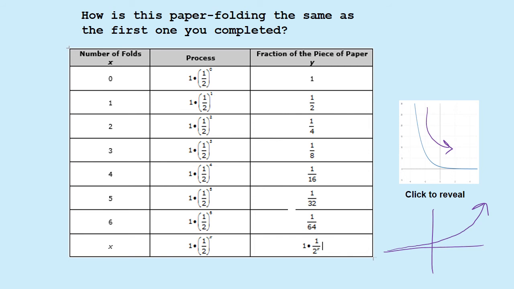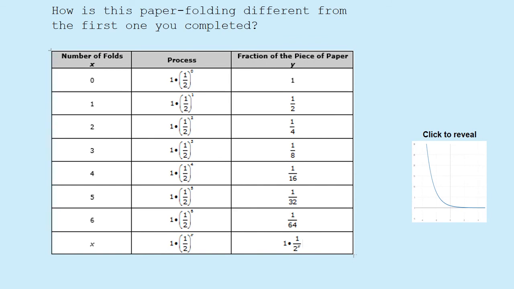It'll keep getting smaller and smaller. Practically, there's only so far I can fold this before it gets crazy looking. But if I had precision folding tools capable of continually folding, I would be able to keep on folding and I would never run out of paper. So it would approach 0, but it would never actually hit 0. We're going to talk about that more a little bit later.